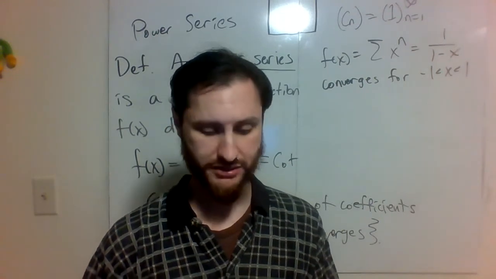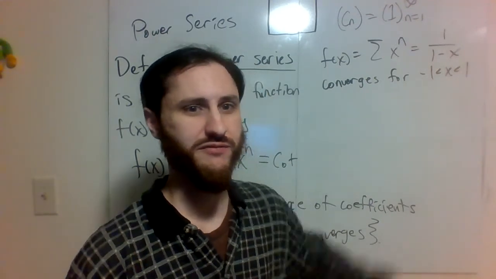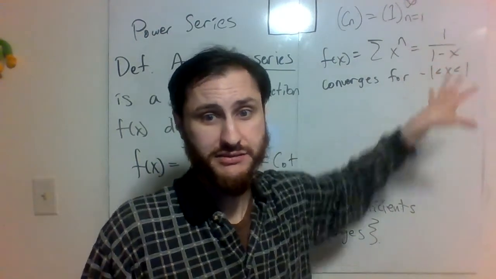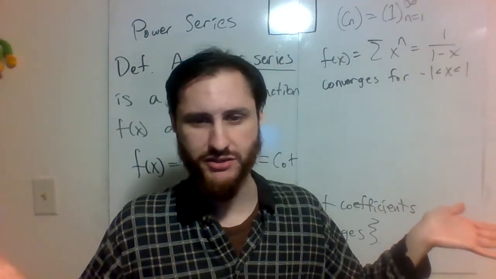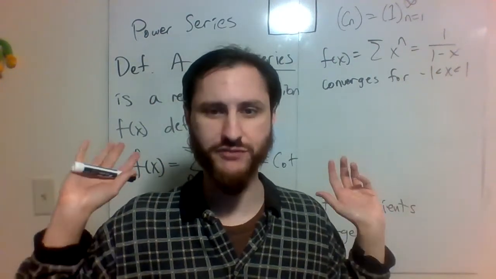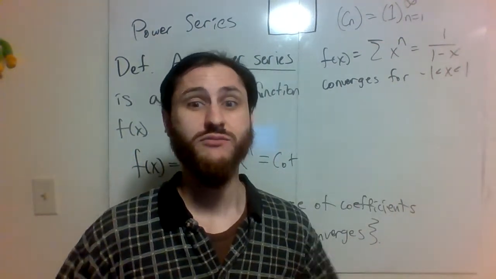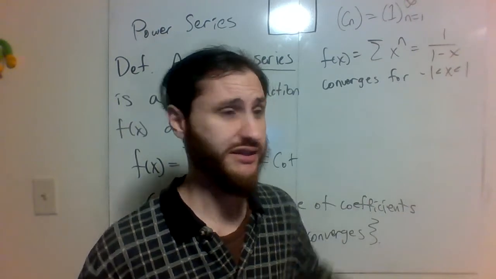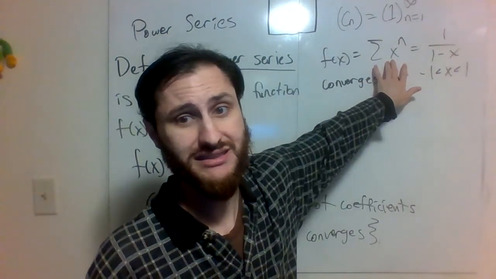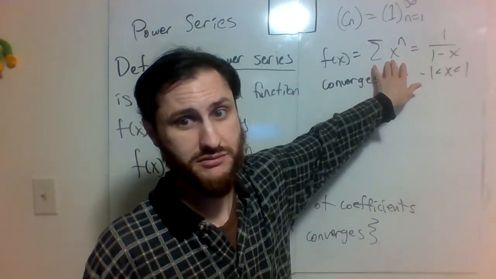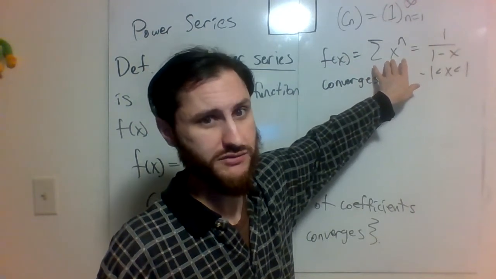So in particular, this gives the function 1 over 1 minus x, a perfectly valid rational function that we could have talked about in the first half of the semester. You can represent that function in terms of a power series. And that becomes very powerful.